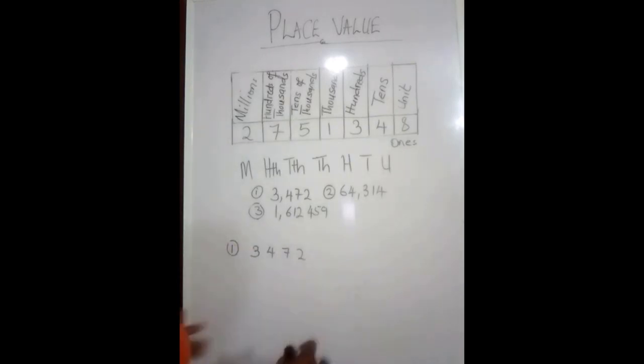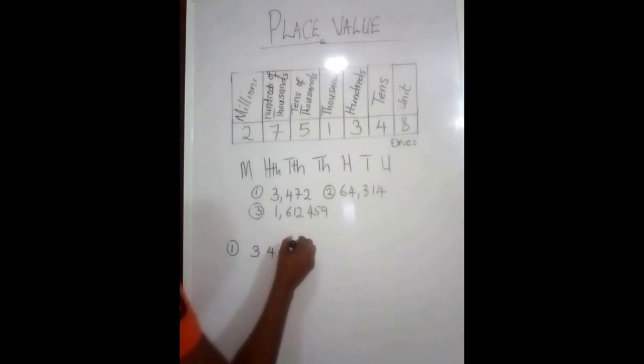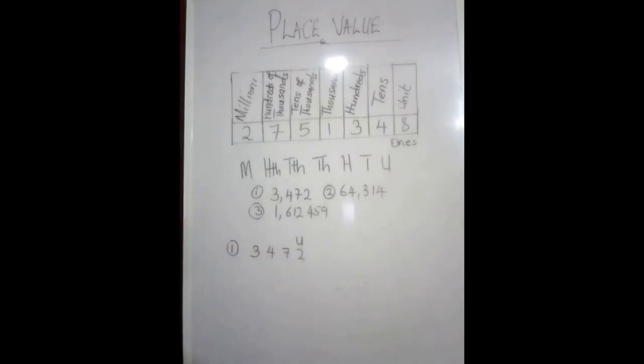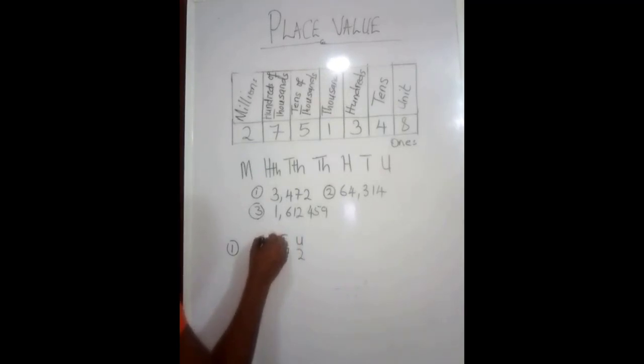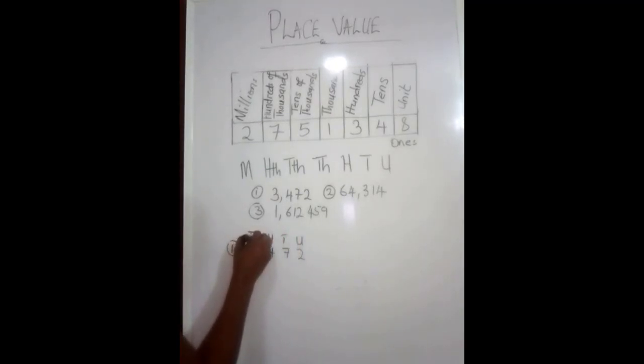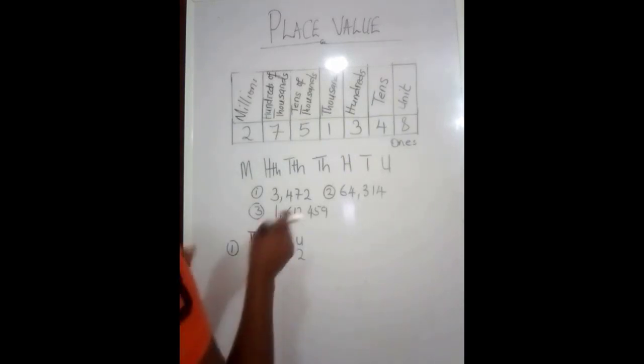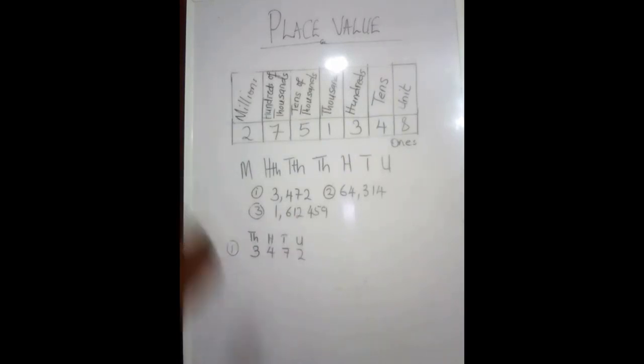Always from your right, you start your positioning. So this first number to the extreme right is units, followed by tens, then hundreds, and lastly thousand. Now if you're going to assign values to these digits, you can easily do that, having placed them in their proper position.